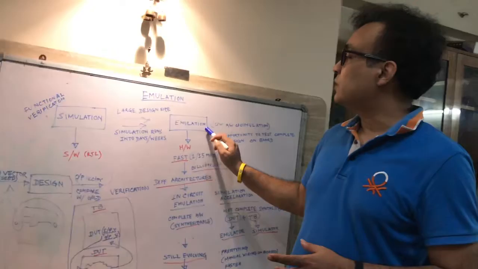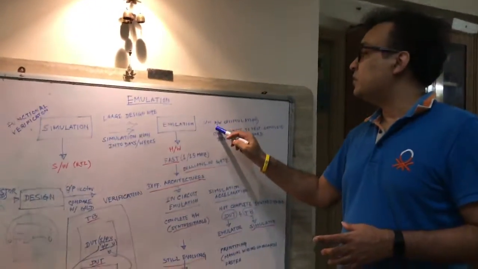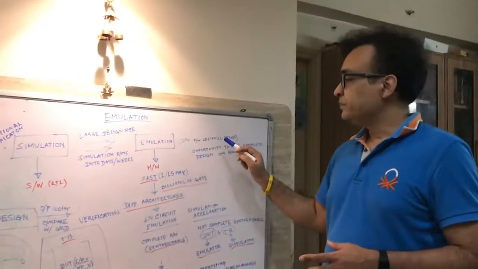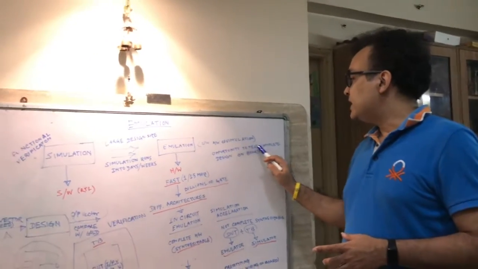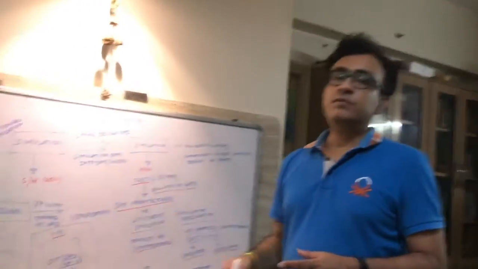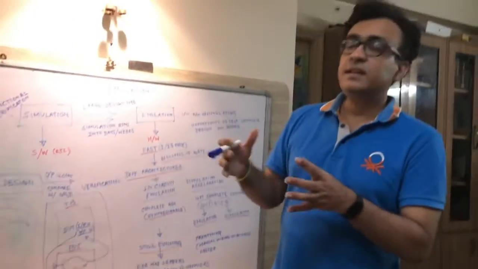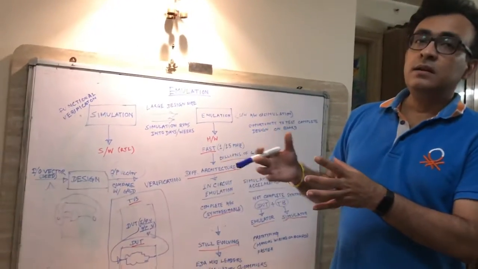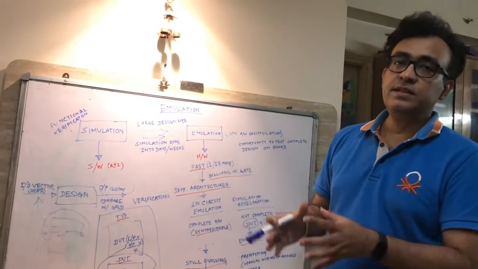Emulation is also called software hardware co-simulation. Emulation is a technology where you get the opportunity to test the complete design on board. In simulation, if you have an SoC, the blocks inside the SoC are run block-wise, and then you put everything together in the SoC design.